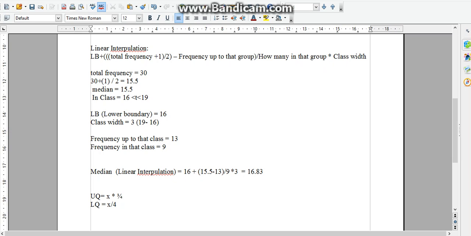So we can put this into the formula over here. We've already done this bit up here to get 15.5, so we can just take that out, and we do lower bound, which is 16, plus 15.5 minus the frequency up to that group, which is 13, divided by how many in that group, which is 9, and you times it by the class width, which is 3, and you will get 16.83 as the median.